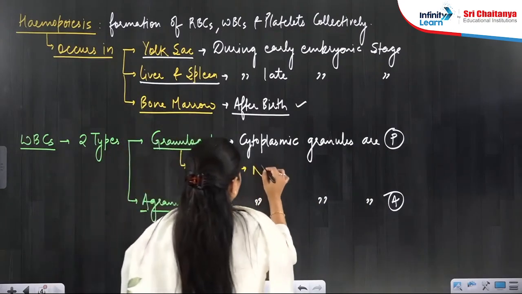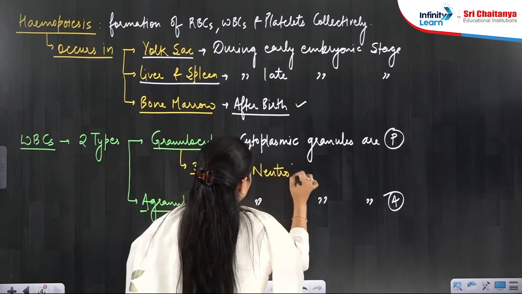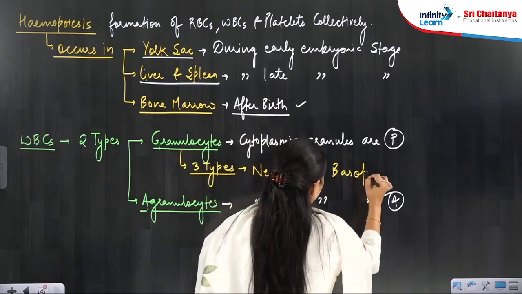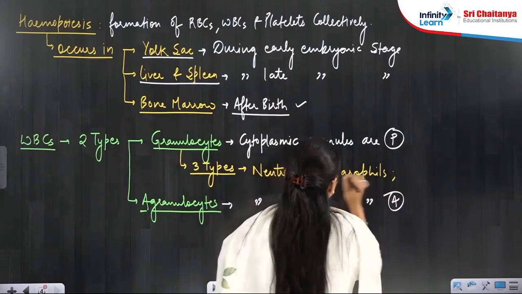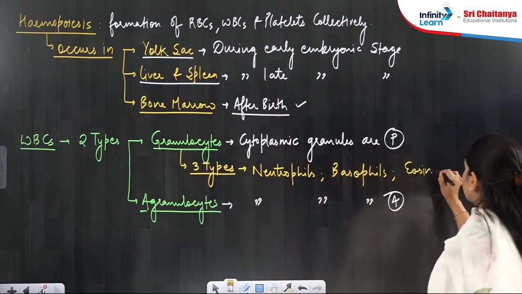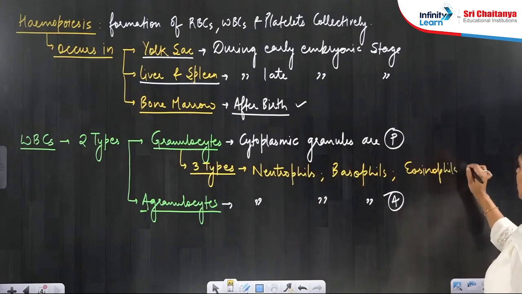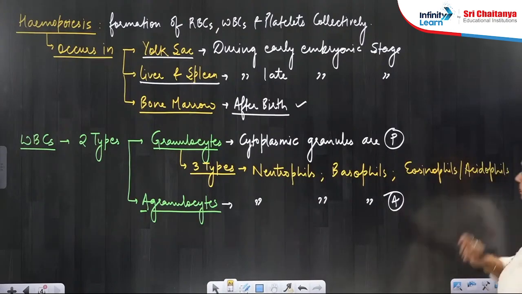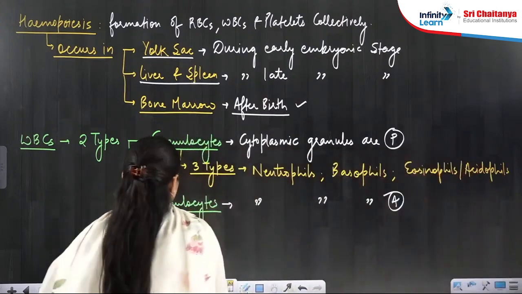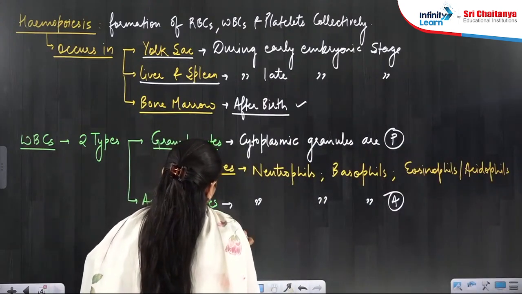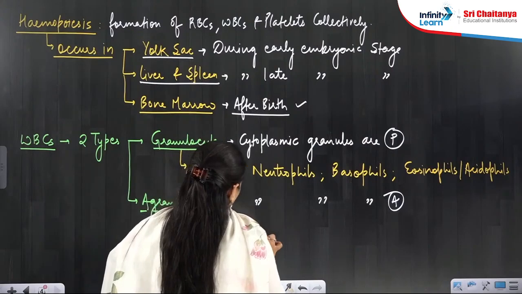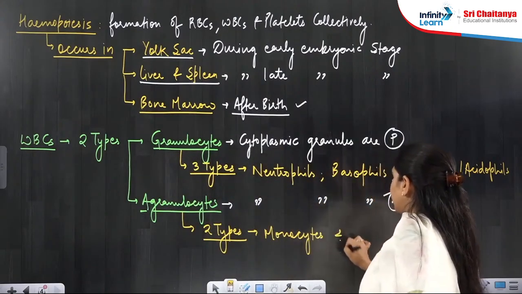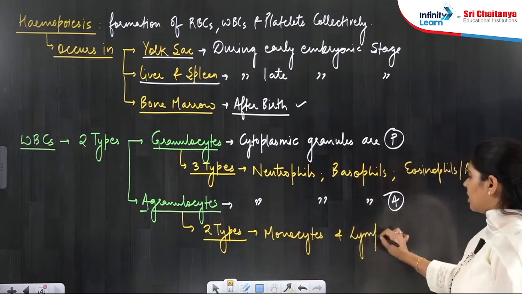These are neutrophils, basophils, and eosinophils, which are also known as acidophils. Agranulocytes are of 2 types: monocytes and lymphocytes.